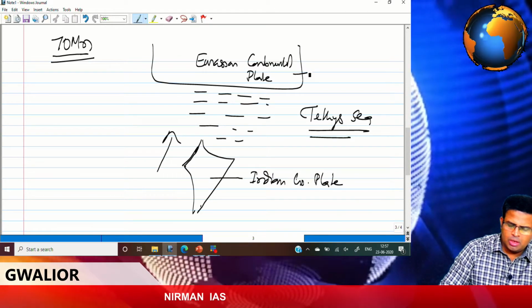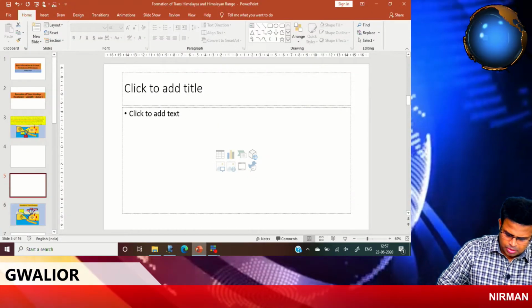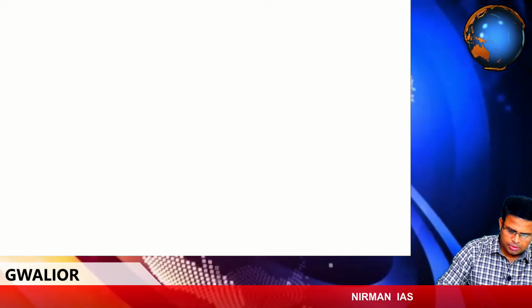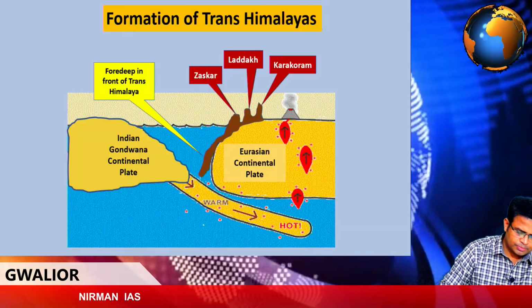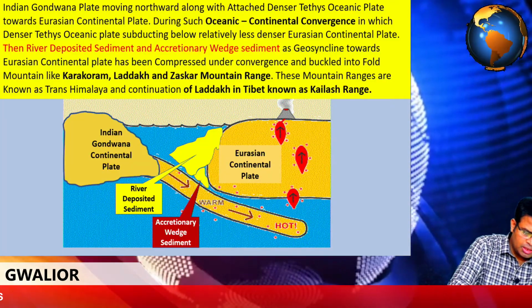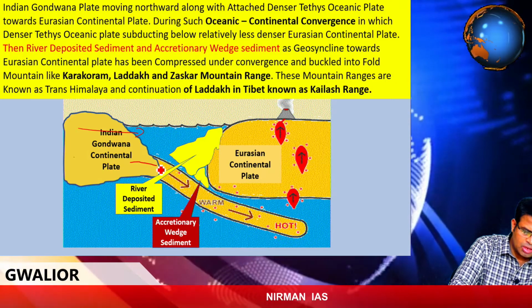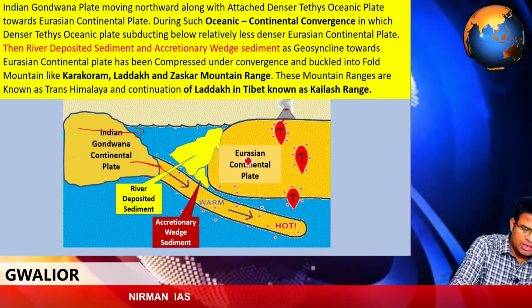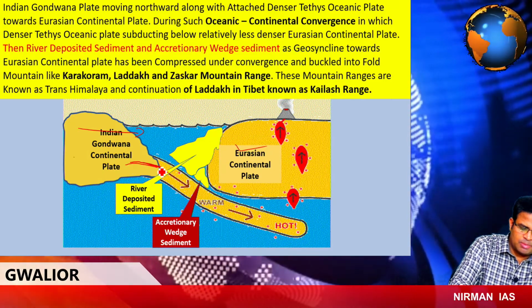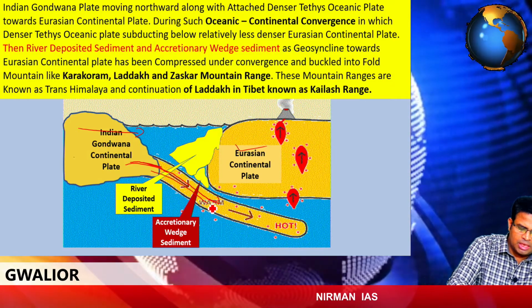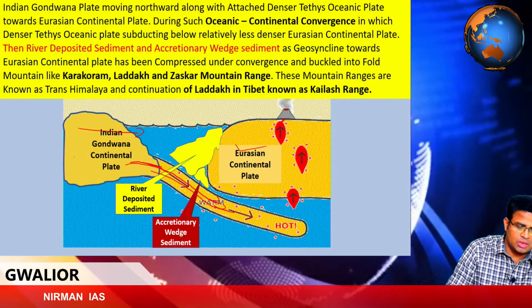The denser Tethys oceanic plate started subducting below the less dense Eurasian continental plate.